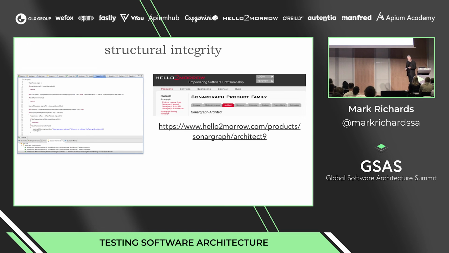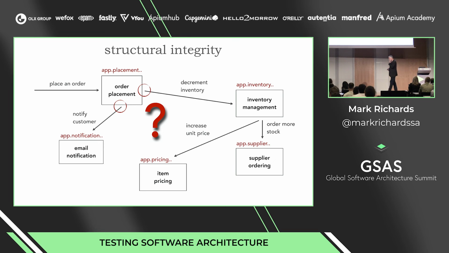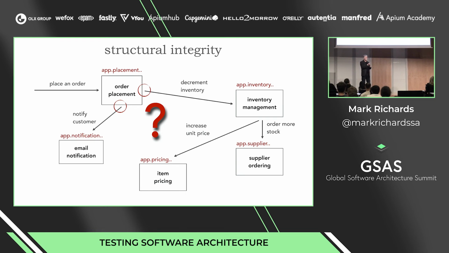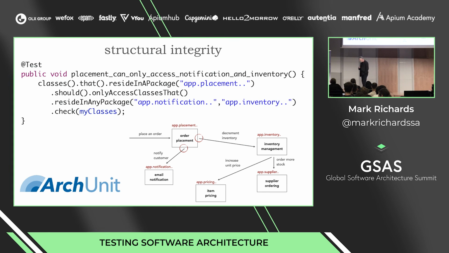So let's take a look and come back to this and say, well, how do I ensure that this remains as is and that developers don't choose to maybe call something else from order placement? Fitness functions. For example, with ArchUnit, which I'll just use as an example, notice the name of this method. Placement can only access notification and inventory. This is a test, folks. This has nothing to do with functionality.